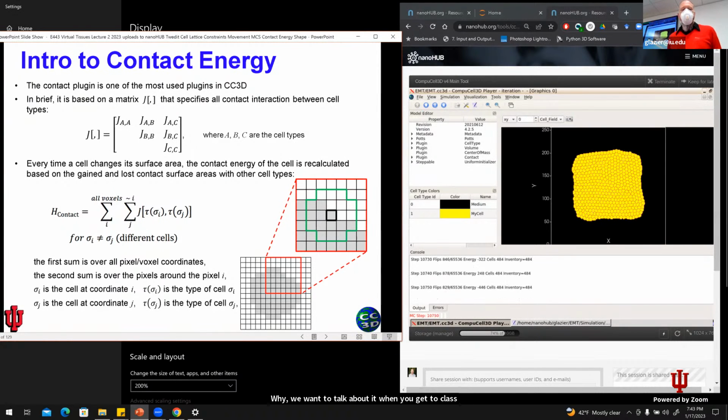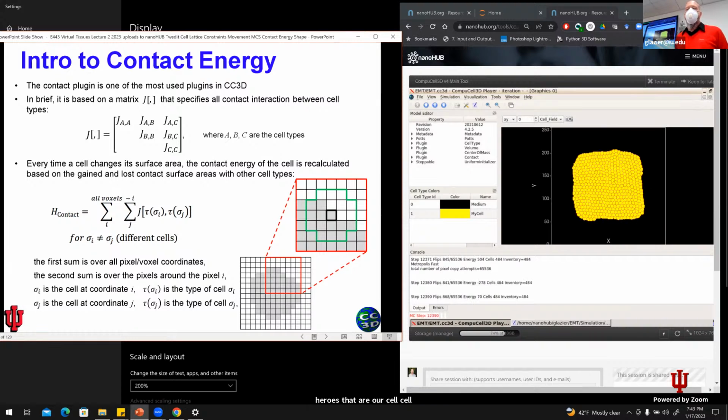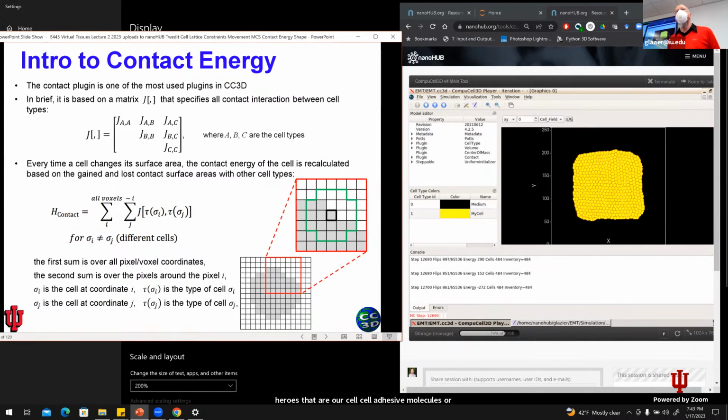And so what we're going to define is that biologically, contact energies are determined between cells primarily by cell adhesion molecules that are expressed on the surfaces of the cells. In particular, we're going to have things like cadherins that are cell-cell adhesion molecules, or integrins that define the energy of contact between cells and the extracellular matrix around.